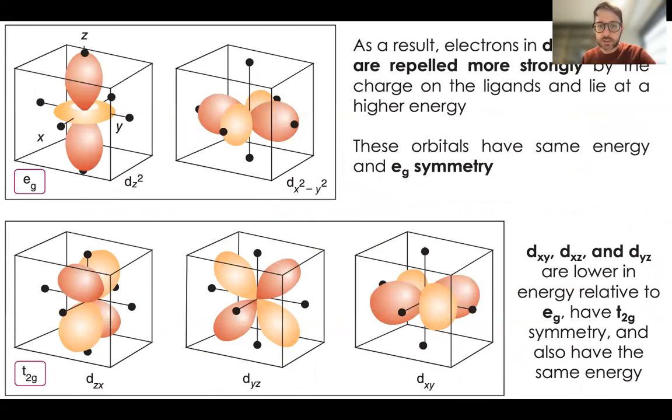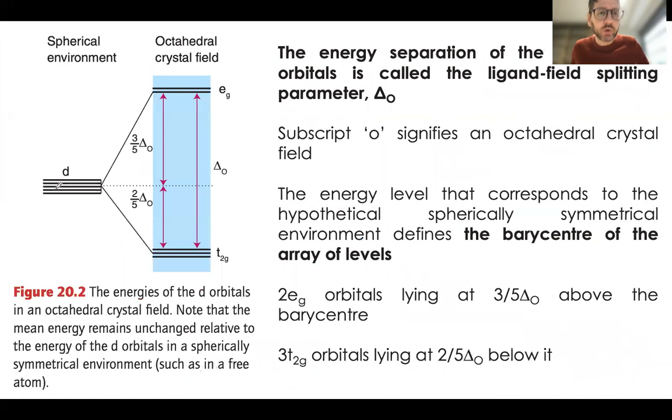So dxy, dyz, and dzx will form the t2g orbitals in the octahedral geometry, while dx² minus y² and dz² will form the eg orbitals. And then we will have this kind of configuration.